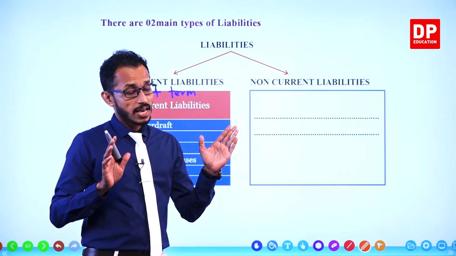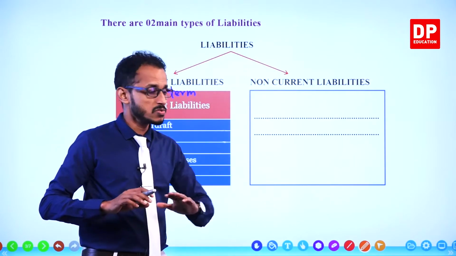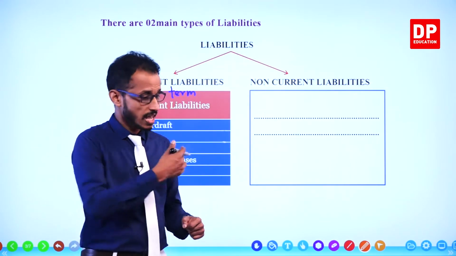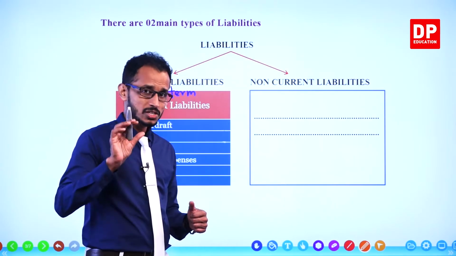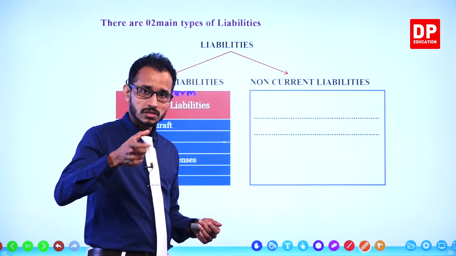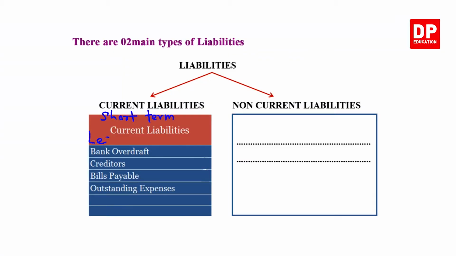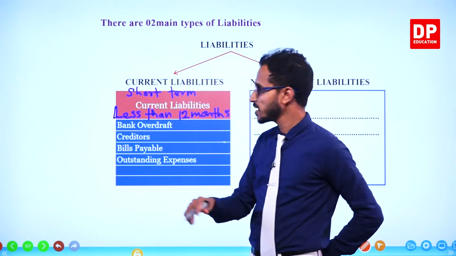That means the liabilities must be settled within 1 year. You can't drag them for a long period of time. Sometimes these liabilities must be settled in weeks, sometimes in days. So, very short-term liabilities. I will write: should be settled in less than 12 months. Is it visible to you?